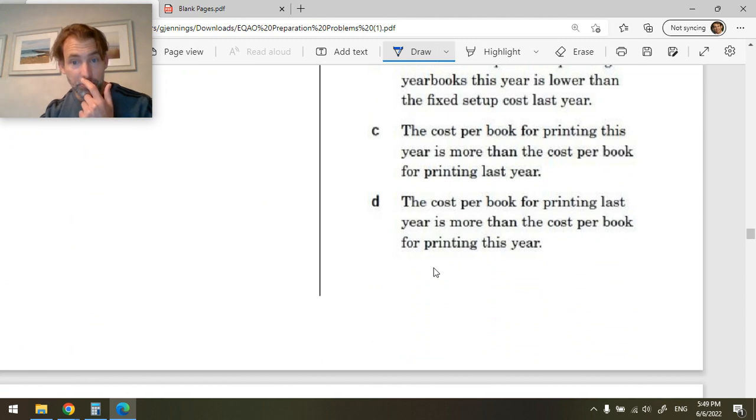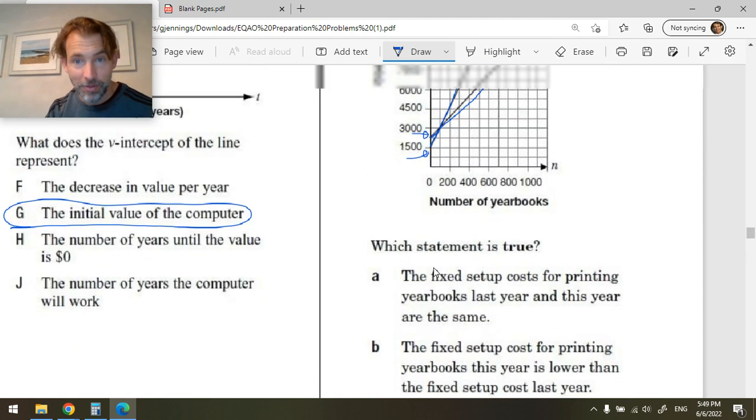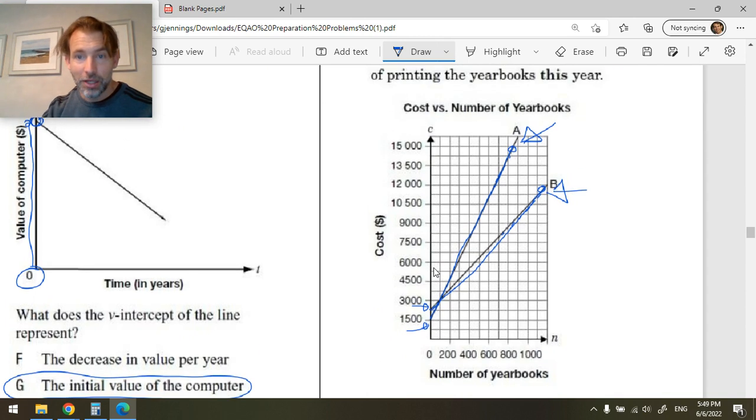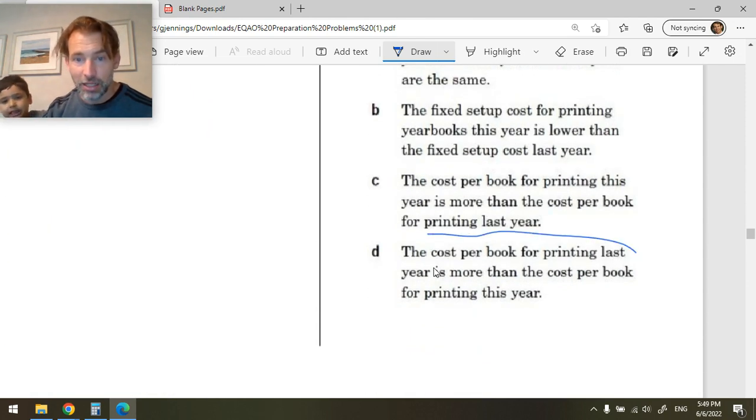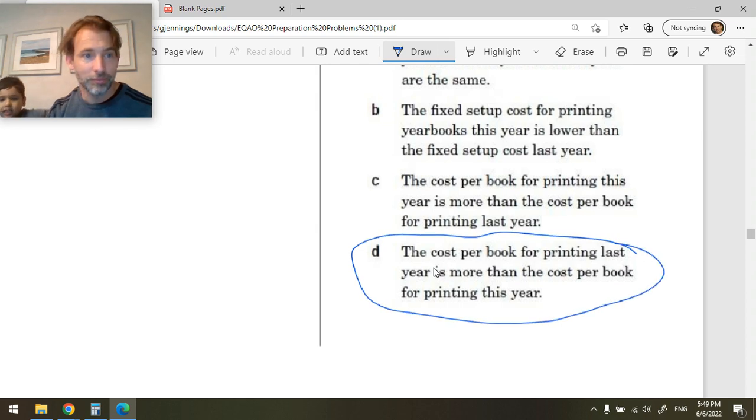So D must be it. The cost per book for printing last year is more than the cost per book for printing this year. That one's true. Look, the slope here, the rise over the run, is bigger than here. Okay, there's a bigger slope here. So this one is it, and that means D. And there we go.